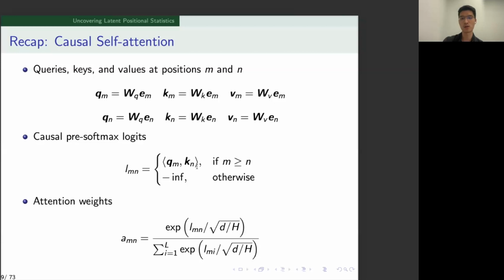This is just an inner product if m is greater than n. Then we mask it out if q is attending to future tokens by assigning negative infinity here. Finally, we compute the attention weights using the scaled softmax attention function, and this sums up to 1. So this is the whole process of the causal self-attention.